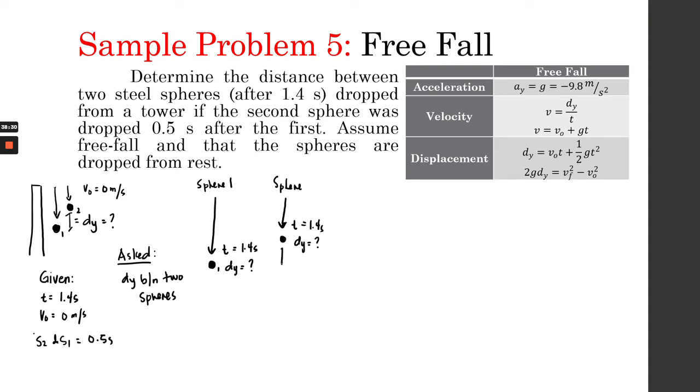What we're looking for is the distance between the two. To identify this, we first measure the distance traveled by sphere 1, then measure the distance traveled by sphere 2, and then subtract the two to find the distance between the two spheres. So that's what we're going to do.